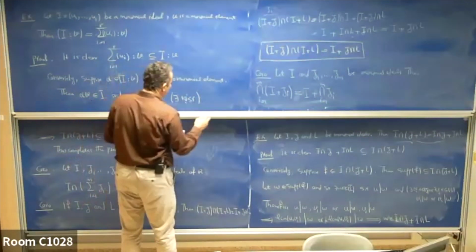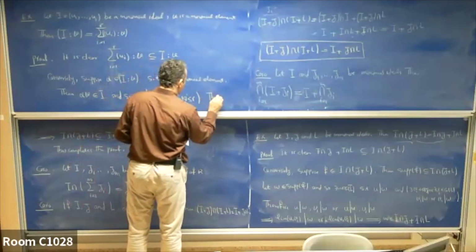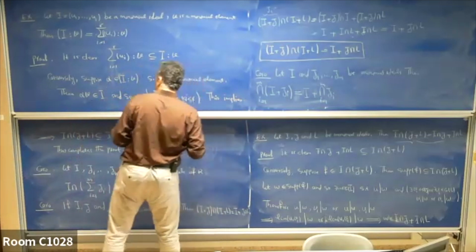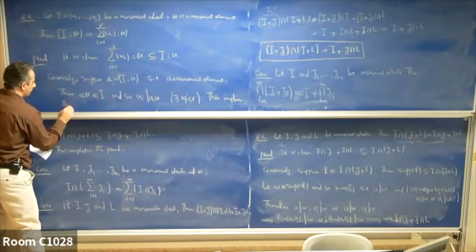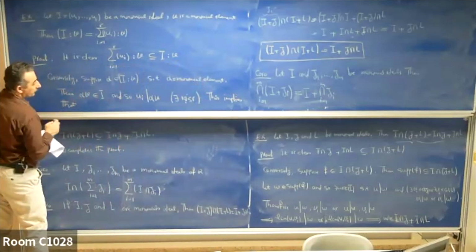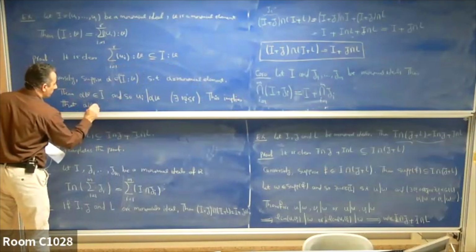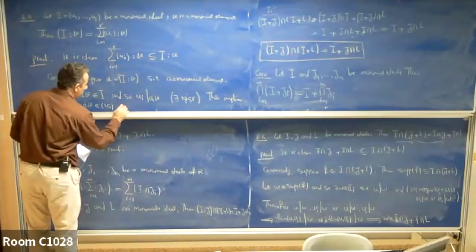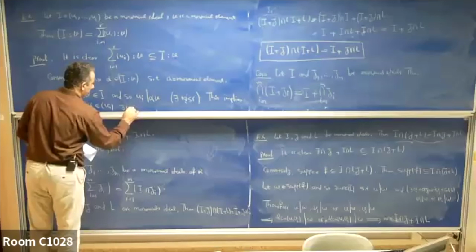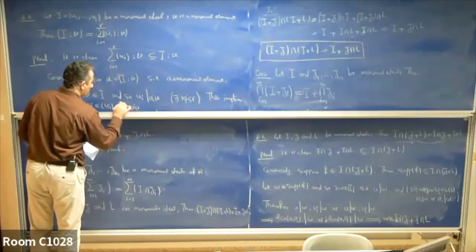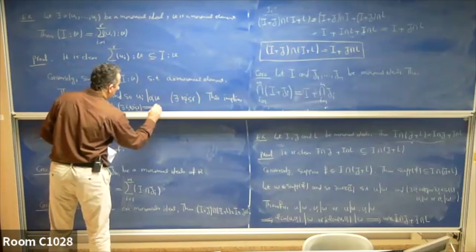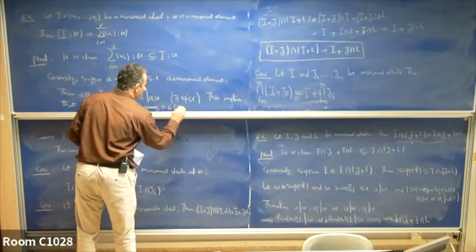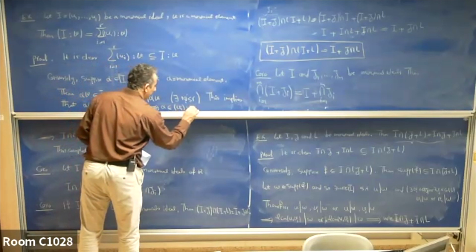So this implies that alpha v is in here, and so we have alpha in (ui : v).